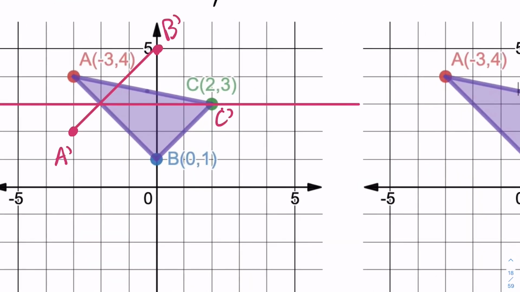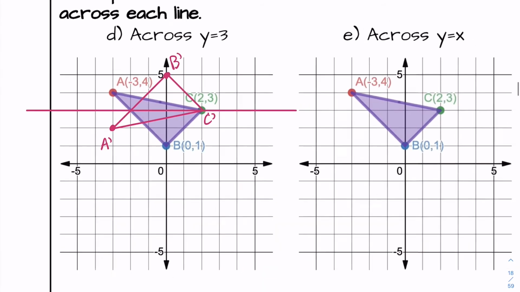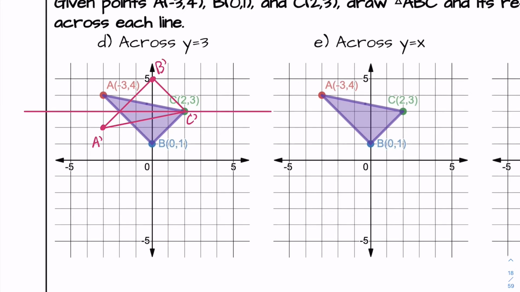Let's see if it likes it now. Much better. Oh, still not good enough. There we go. And that's your reflection. C stayed where it was, B moved up 2, and A moved down 1 and down 1.